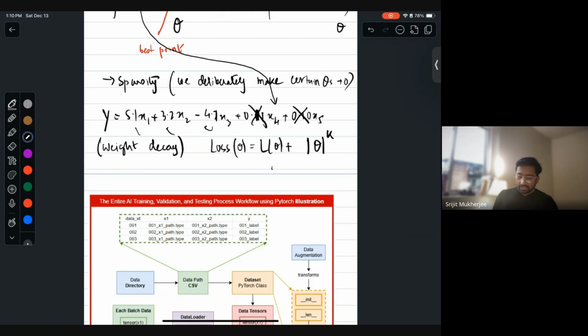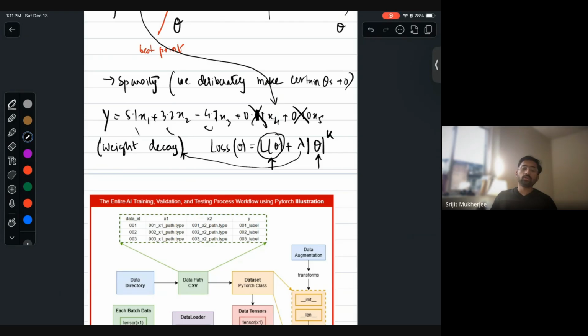That means you're minimizing both this and this. Essentially, when you add these two elements, you want both to be 0. And this is called weight decay. How much weight you want on it is very important. How much weight you're giving to the fact that you want theta to be close towards 0. Make sense, guys?